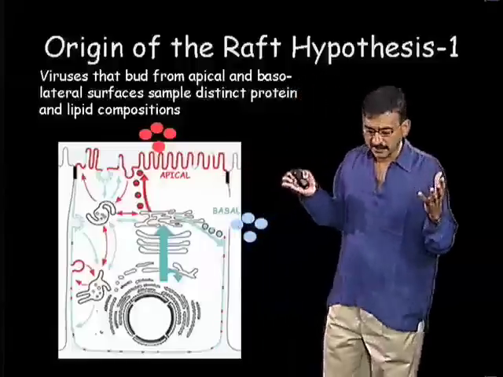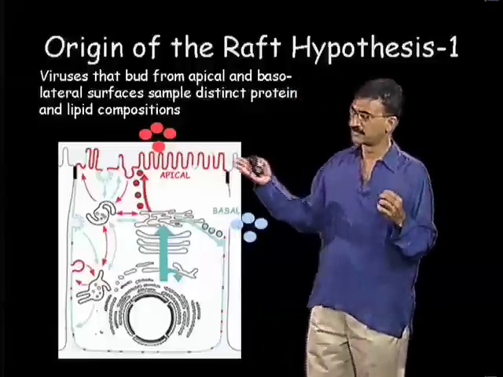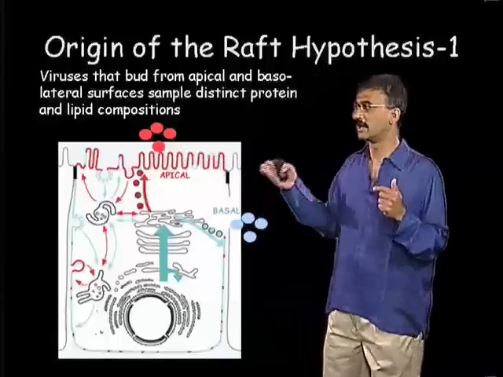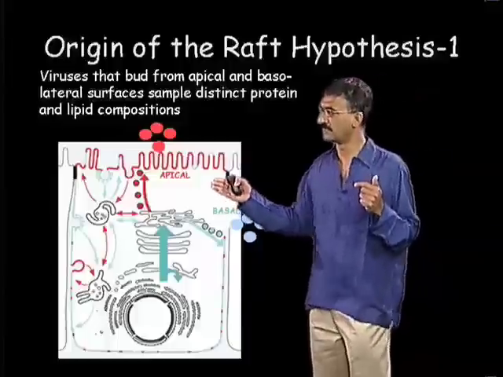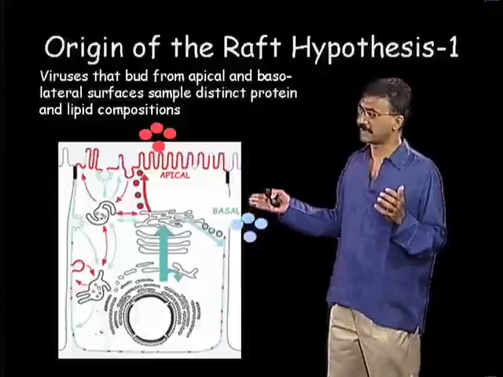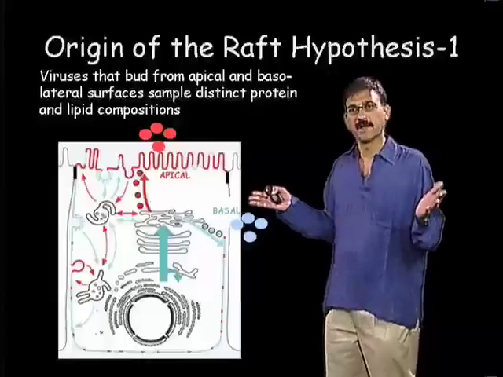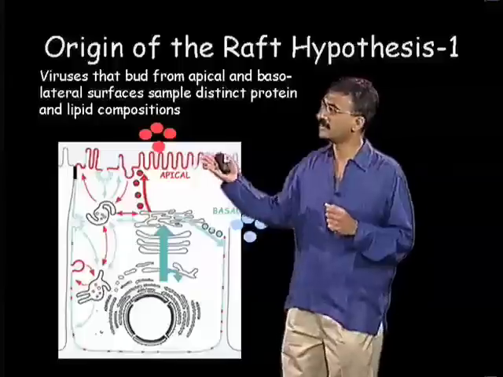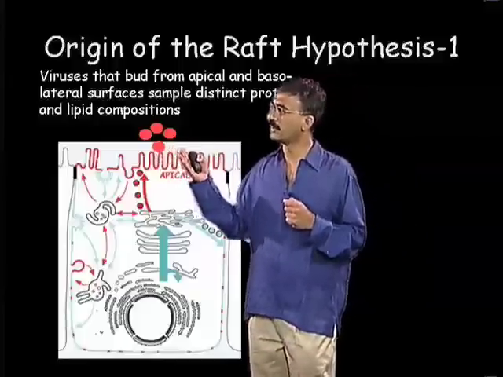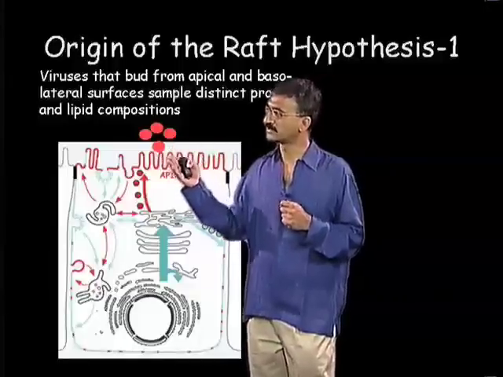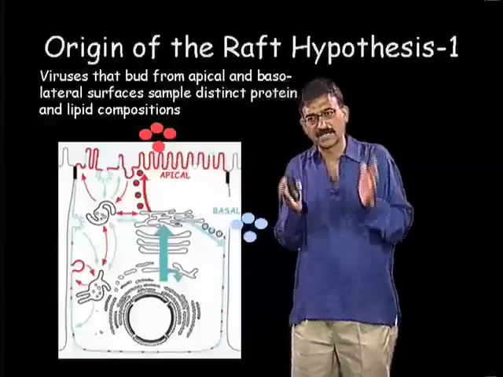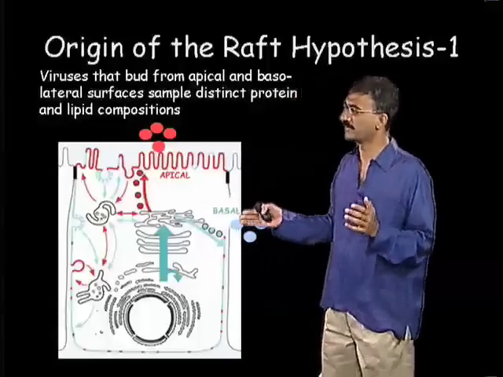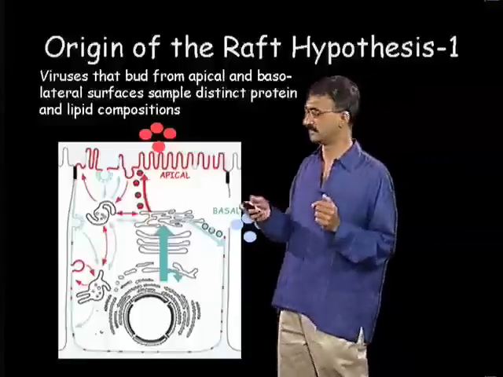In fact, some of the viruses that bud from the apical surface are the hemagglutinin virus, and the VSV virus buds from the basal surface. These viruses have very different cholesterol and sphingolipid compositions. The HA or hemagglutinin influenza virus has a cholesterol and sphingolipid enriched membrane, whereas the VSV virus is in fact rather depleted of these components.